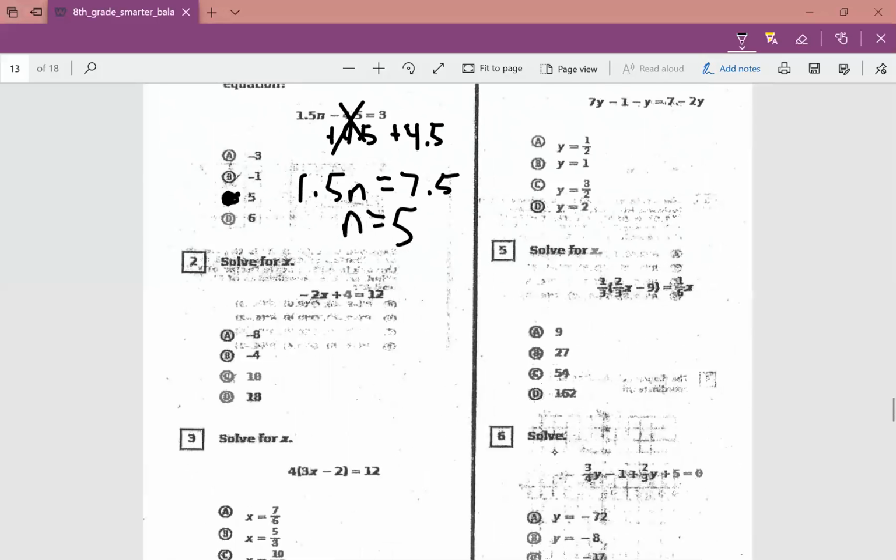Going down to number 2, solve for x. We're going to subtract 4 from both sides. Negative 2x equals 8.